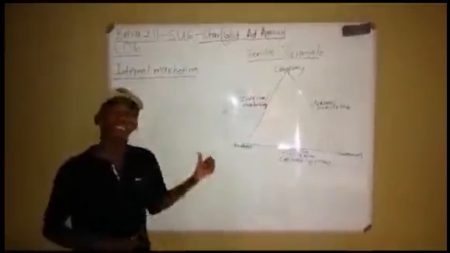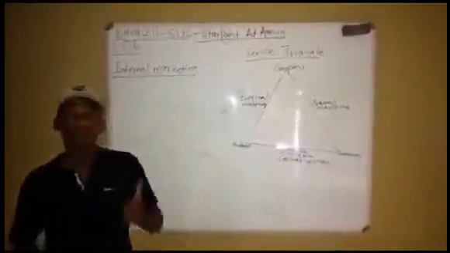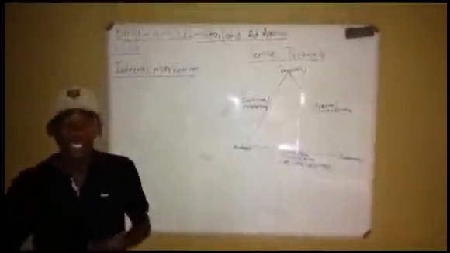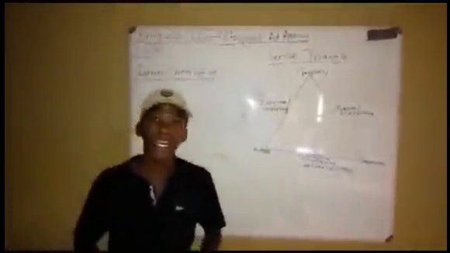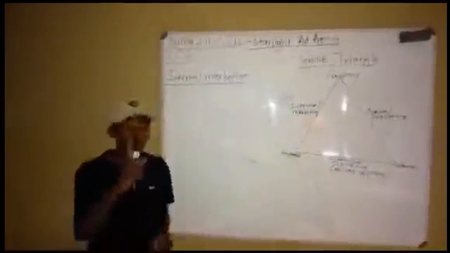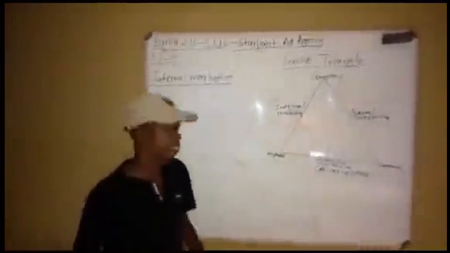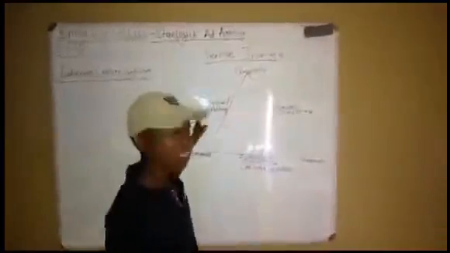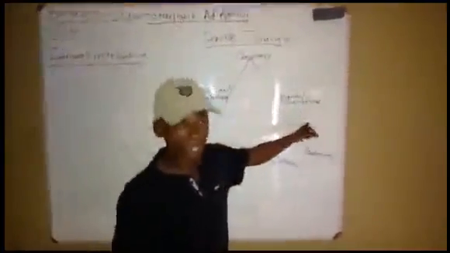Internal marketing poses a challenging task to management. Attitude and communication play an important role in the development and implementation of internal marketing. We have the service triangle, which distinguishes between internal marketing and external marketing.